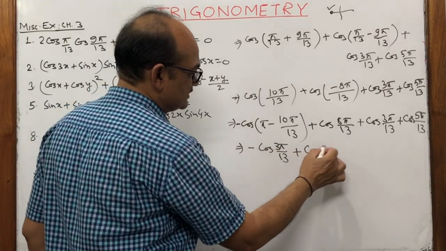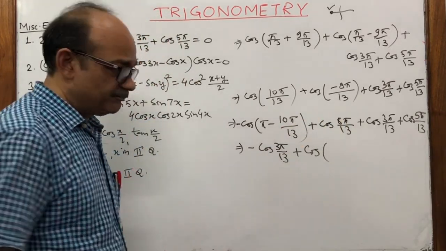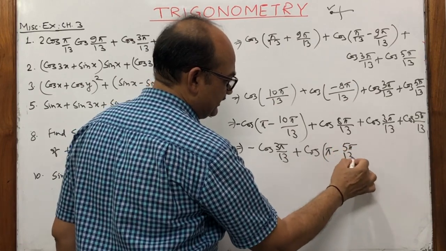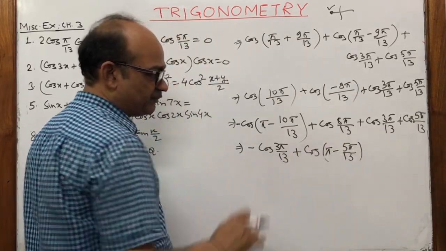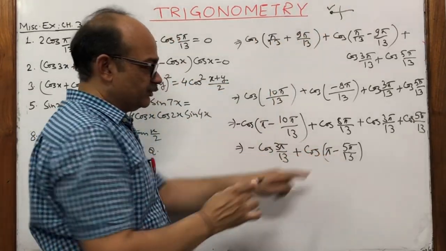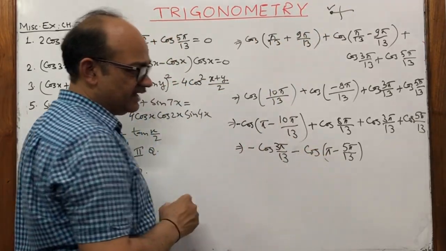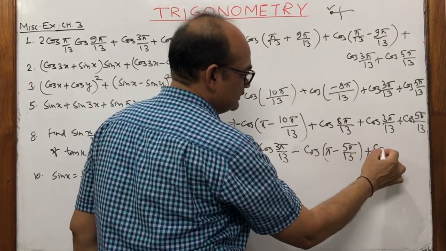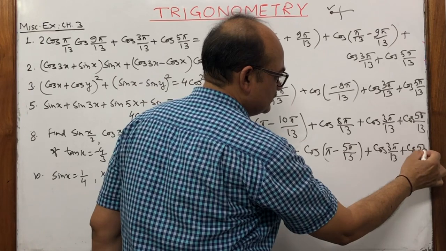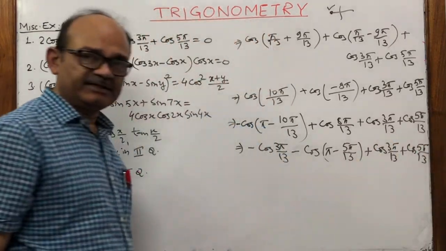This value turns to minus cos 3 pi by 13. This cos we can write again as pi minus 5 pi by 13, because 13 pi, and again pi is 180, for the same reason you have to put here 1 minus x. Now cos 3 pi by 13, cos 5 pi by 13.